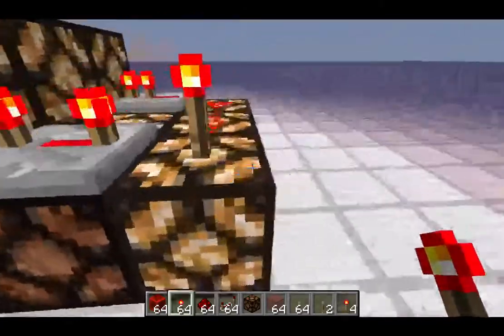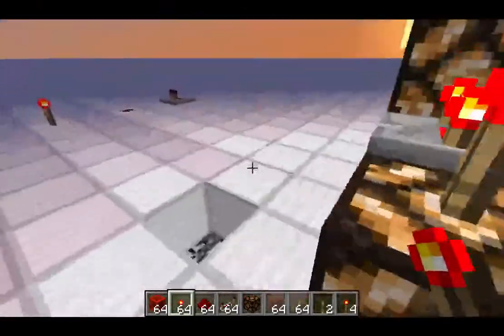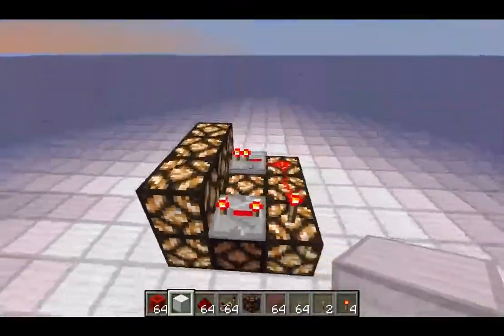Now, this is one of the primary ways in which redstone can be used to create timings and gates for programming logic.